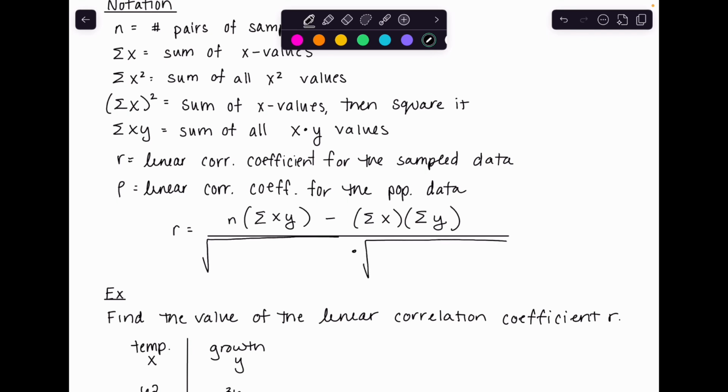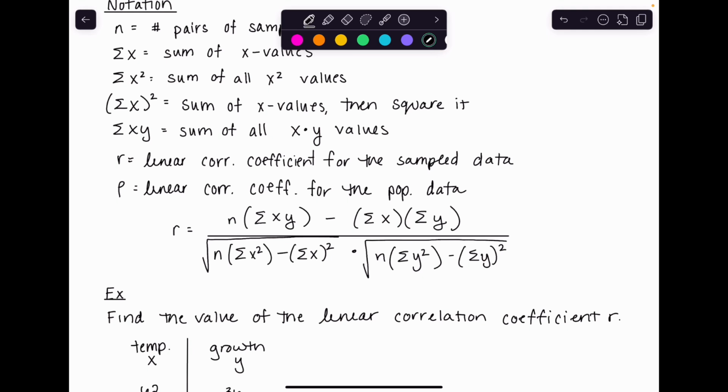So again, we are definitely going to need a calculator. Your phone is not going to cut it. Inside each square root is something very similar. It just depends on the x or the y values. So in the first one, we have n times the sum of x squared values, and then minus the sum of x values squared. What goes in the second one is the same thing, but you replace it by y.